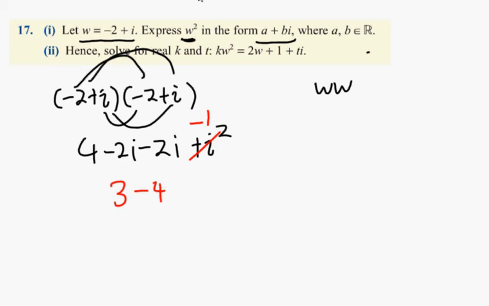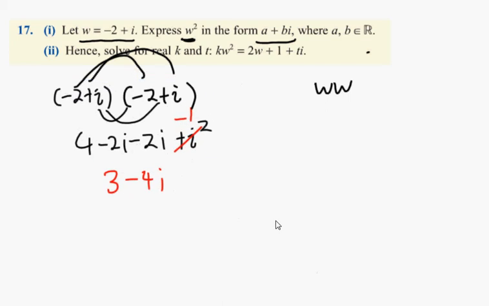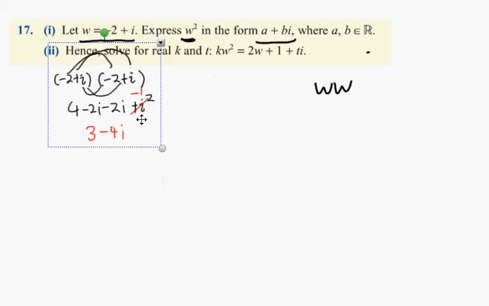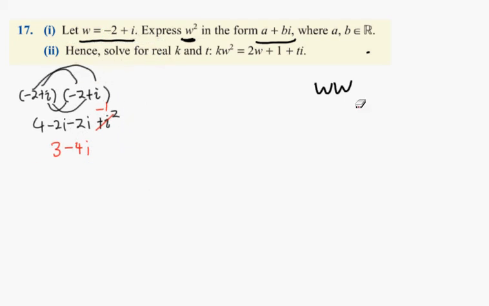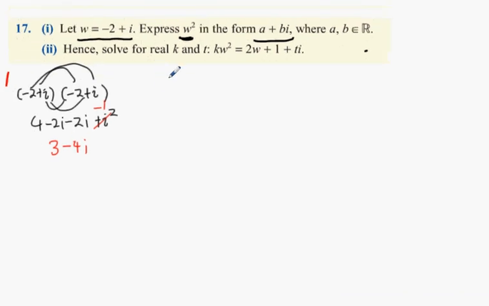Now that I have that done, we're going to use that answer to do the next part, which is part 2. That's part 1, and the next part is part 2. K times w squared.